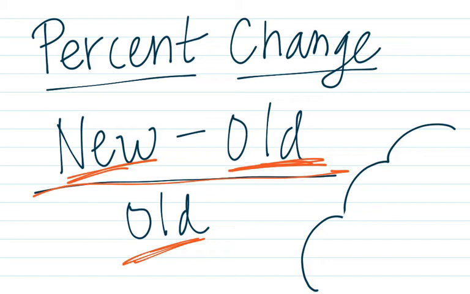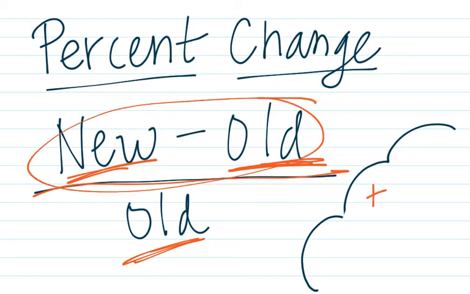Okay, so you could also think of this as, if we end up getting a positive number in the top, that's going to show us a percent increase. If we end up getting a negative number in the top, that's going to show us a percent decrease.